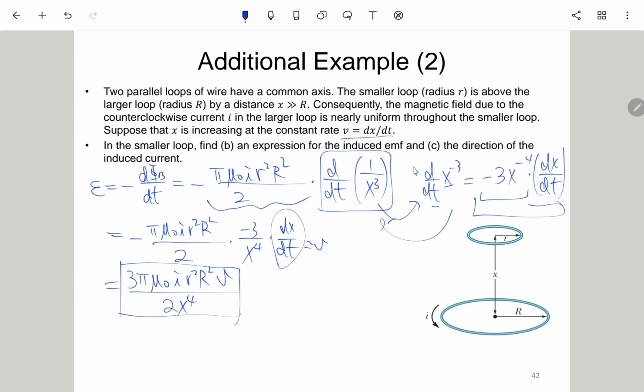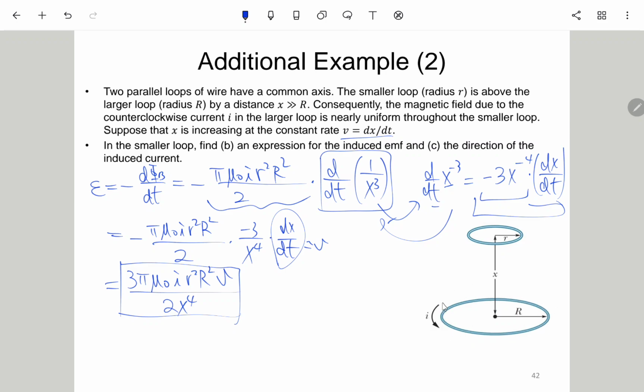Finally, it asks what is the direction of the induced current. We can make use of Lenz's law. Here, this is the direction of the current, which is counterclockwise, which means that we can use the right-hand rule.